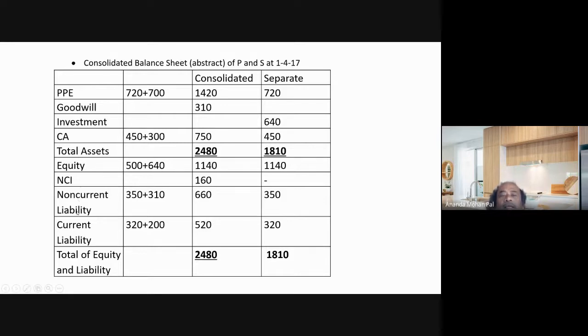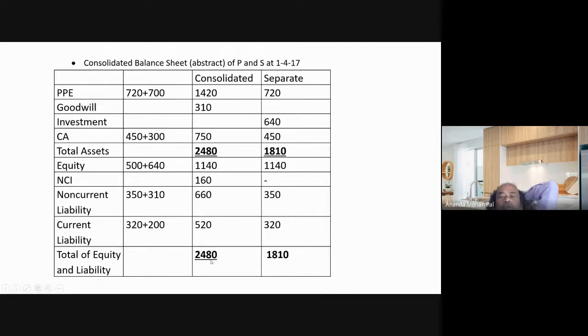Non-current liability, then the book value of the parent, 350, you put under separate. Fair value 310 added, you put under consolidated. Current liability, 320 is the book value of the parent, put it here. 200 is the fair value of the subsidiary, add and put it in the consolidated figure.